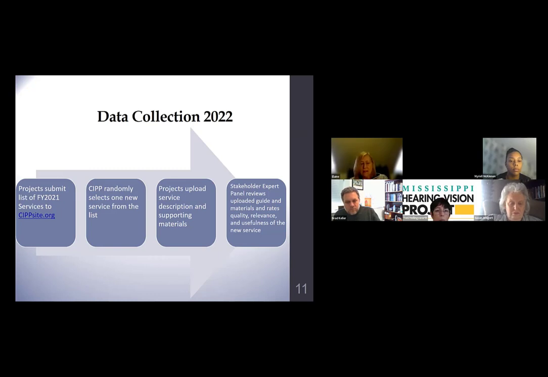And we ask that you focus on listing the major services you released for the first time in fiscal year 2021. Projects upload a description of the selected new service, along with any supporting materials, again, to the SIP website, and a description of the quality, relevance, and usefulness of the new service is sent to a stakeholder expert panel for review.